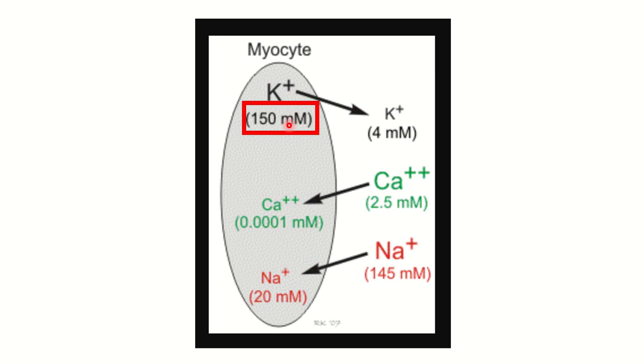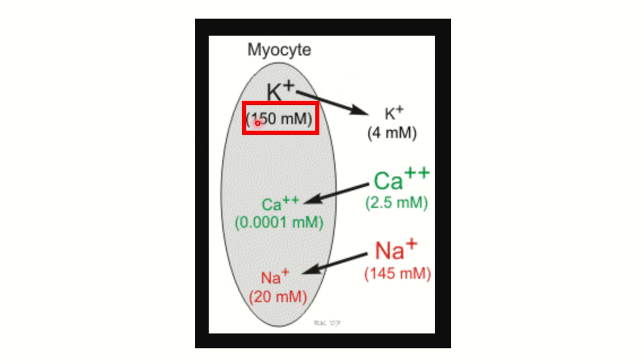So potassium is very abundant within the cell and very little in the blood and extracellular fluid. The cells are very rich in potassium, a lot of potassium relative to the outside of the cell.